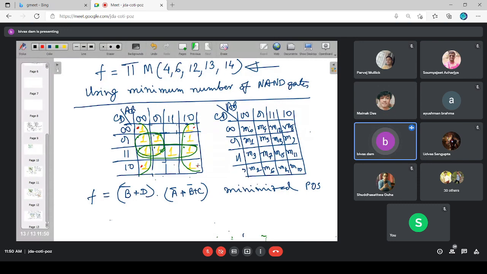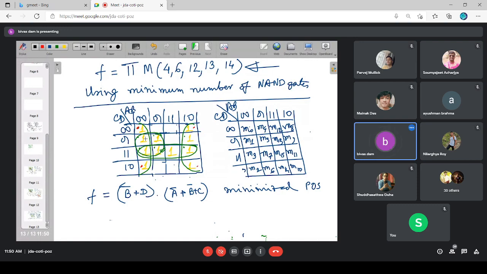Aren't these four already covered in the octet? Yes, sir. So why are you going to cover them again? Okay, it will become redundant. Cells that are already covered at a higher level, just for the sake of covering them I won't be taking them in a lower level. But if they help us in realizing a possible PI with the yet to be covered cells, then I can consider them.